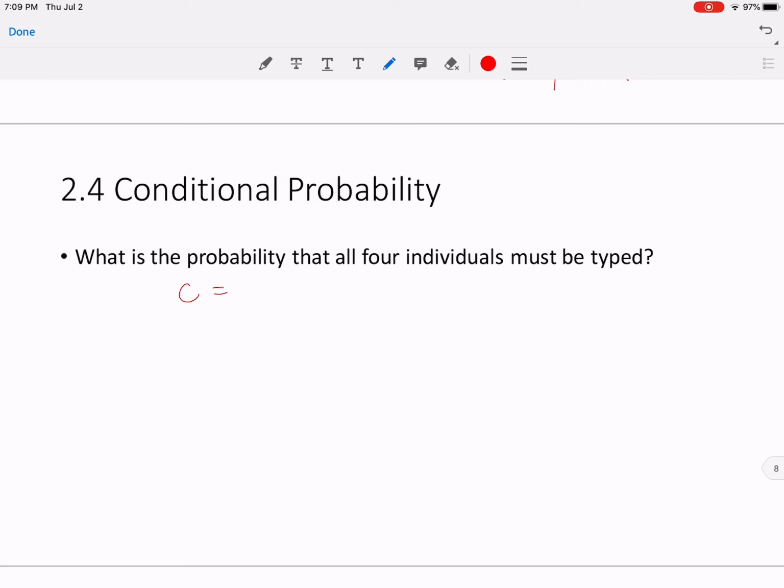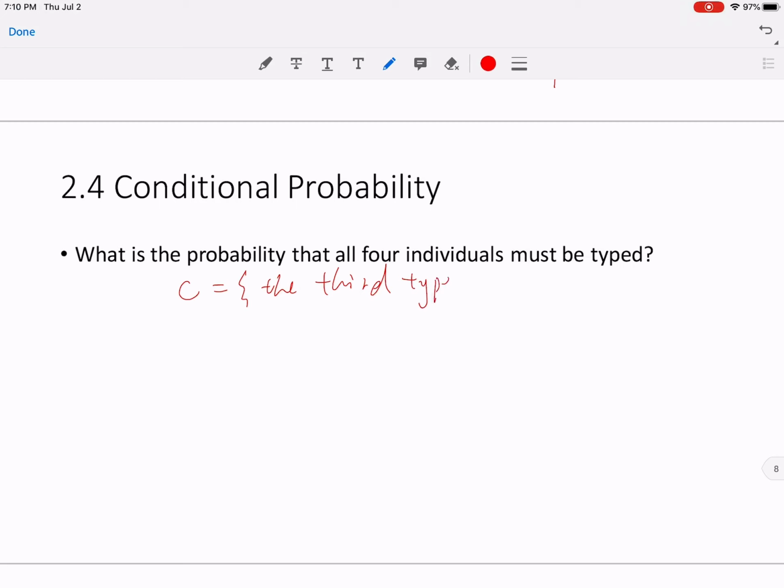Now what we're doing here first is I will use C is equal to the third type, not O positive. Then what is the probability of C given A intersection B?